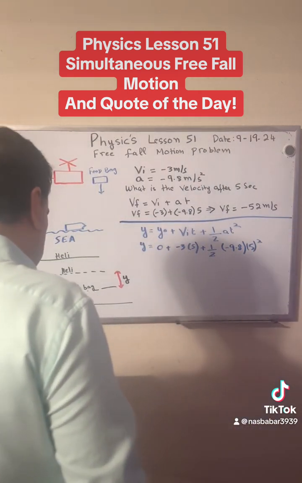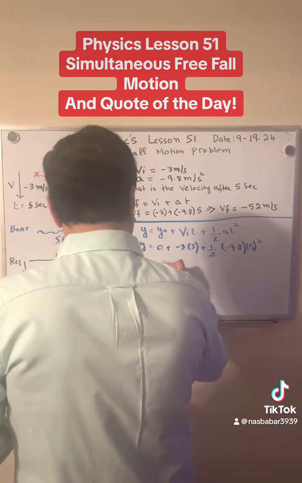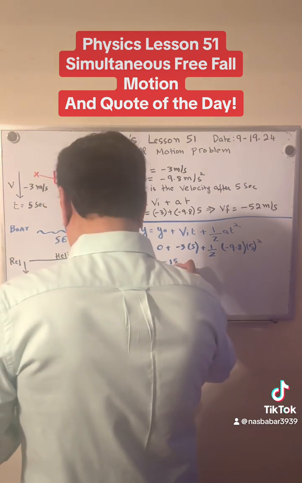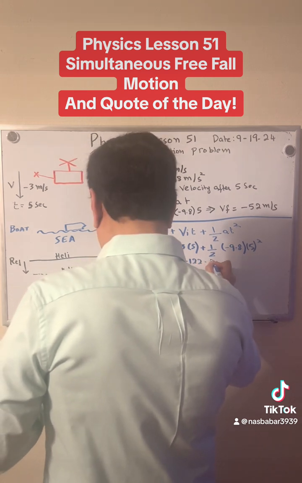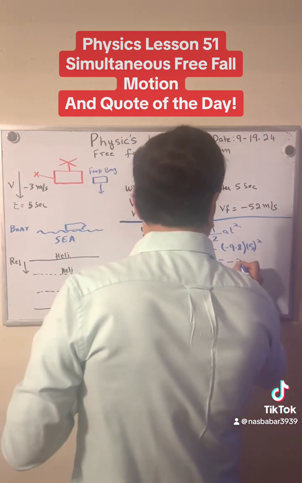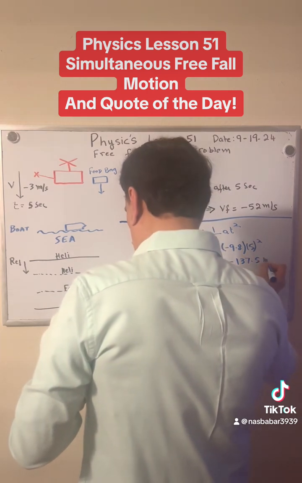So my friends, when you solve this, y is equal to -15 minus 122.5, which is -137.5 meters, okay?